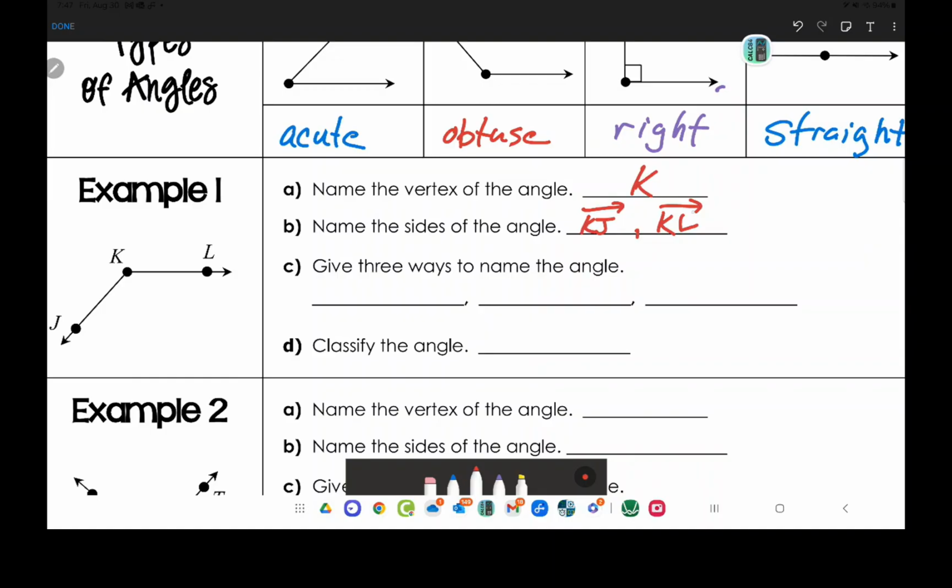Without a number, there are three ways, because you can call it angle JKL, and you can also go the other way, angle LKJ. As long as K is the vertex, it must be in the middle. And then there's just angle K. Classify this angle, it is obtuse.